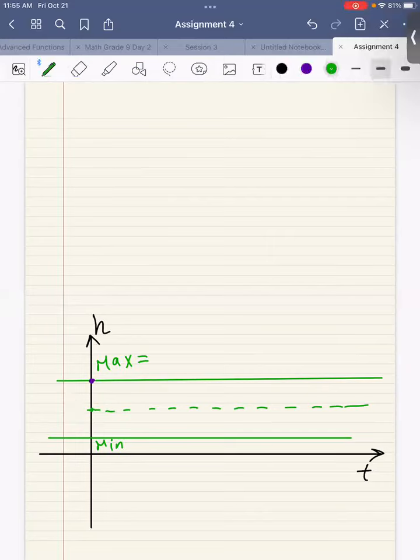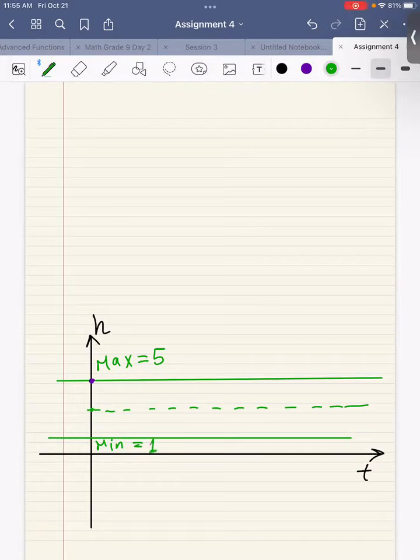It's question 8. Is it 5? Okay. What is the minimum height? 1. So minimum is 1.